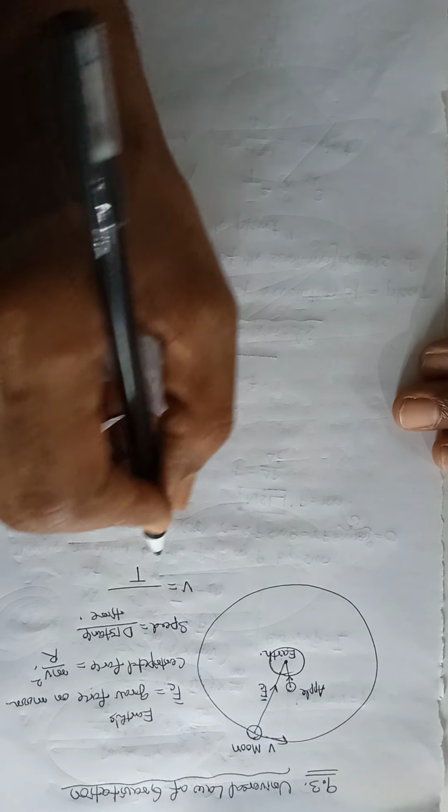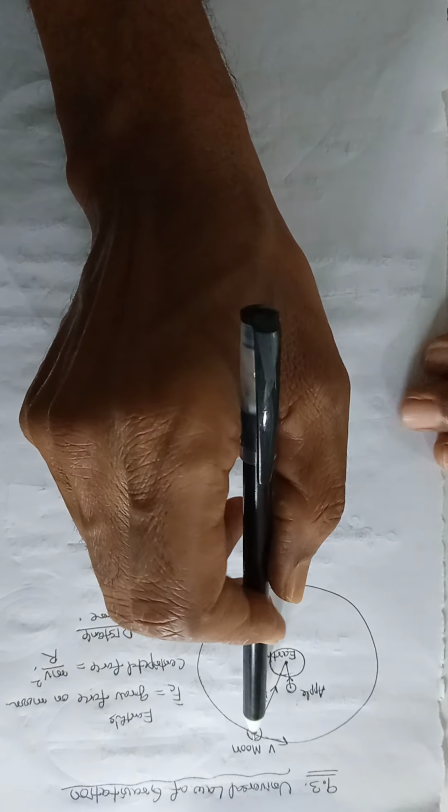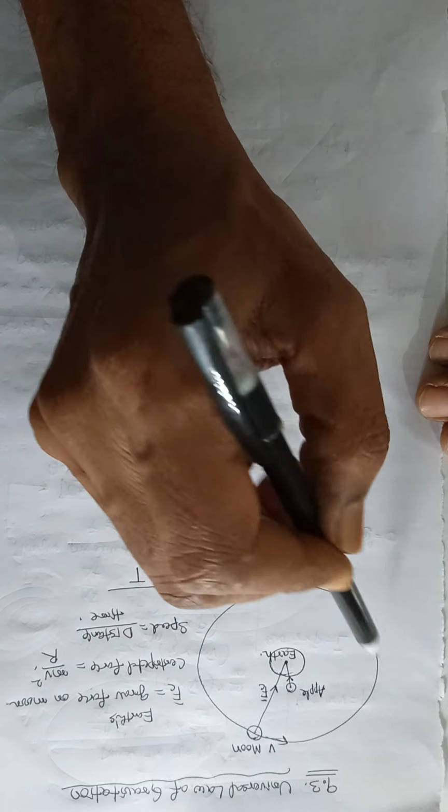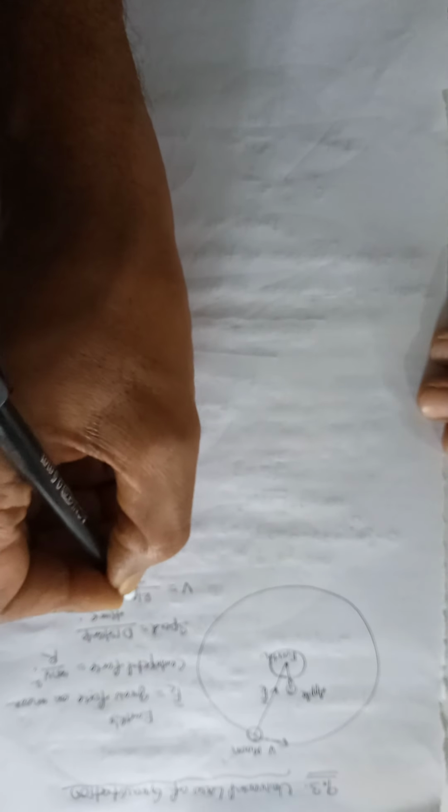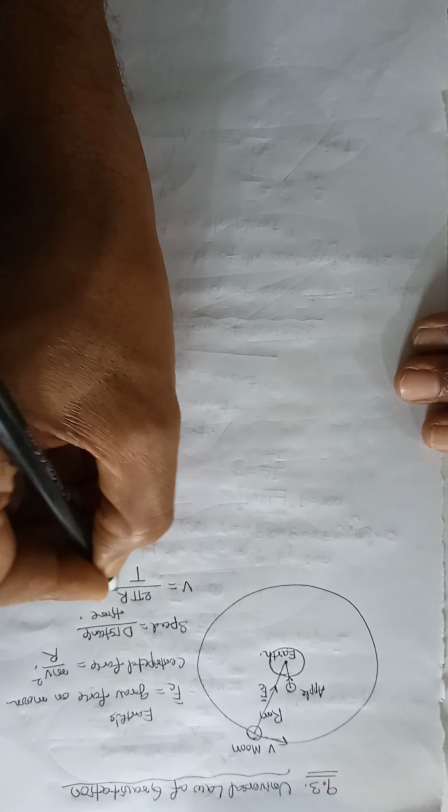During one time period, the moon is completing one revolution, means one revolution is equal to the circumference of the circle. If the distance between Earth and Moon is Rm, then the circumference will be 2 pi Rm.